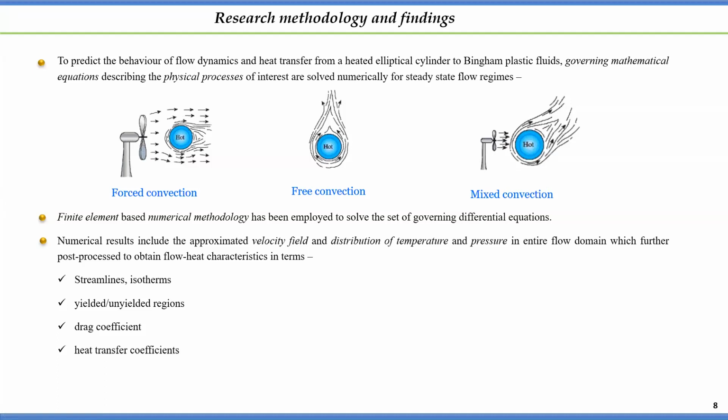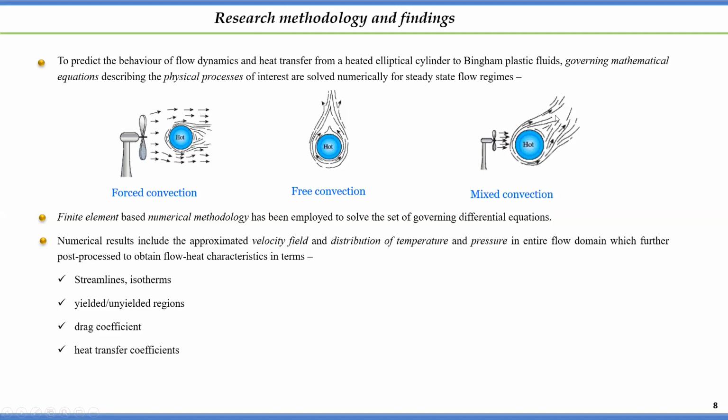Yielded and unyielded regions are a very specific characteristic of yield stress fluids, viscoplastic fluids, and we will study numerically how these yielded and unyielded regions are modified according to these phenomena and the shape of the geometry. Drag coefficients are always important in various engineering applications because they account for the friction losses in the flow.